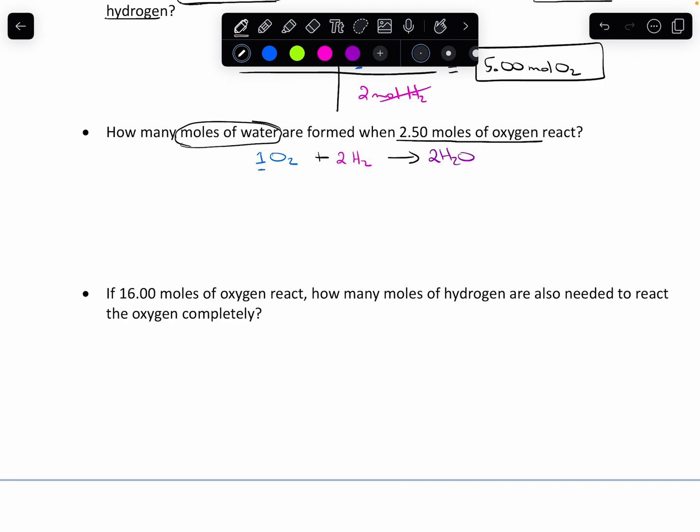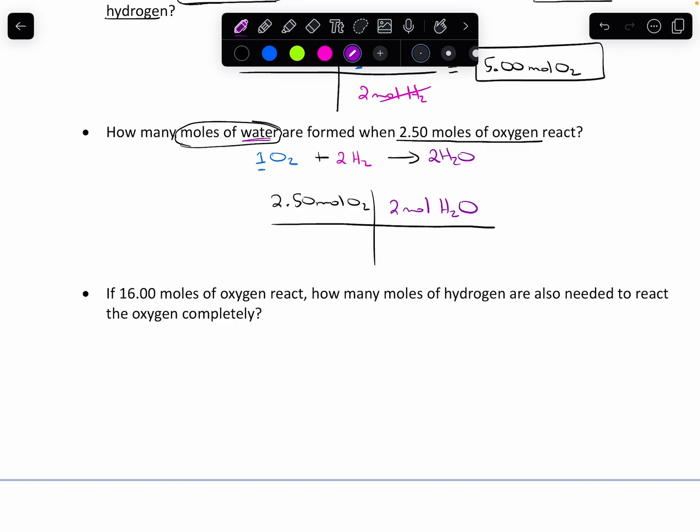So this time on our T-chart, we're going to start with 2.50 moles of O2. And we're looking for moles of water. So on top, we're going to pick out our purple one, the 2 moles of H2O, because that is what we're looking for. We're looking for water.